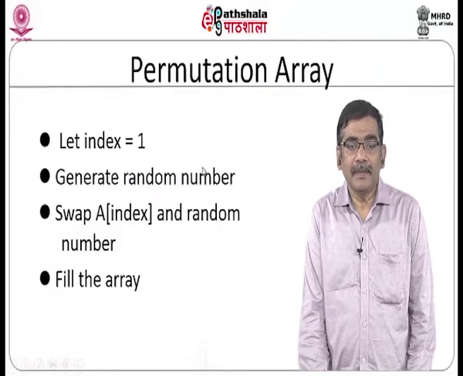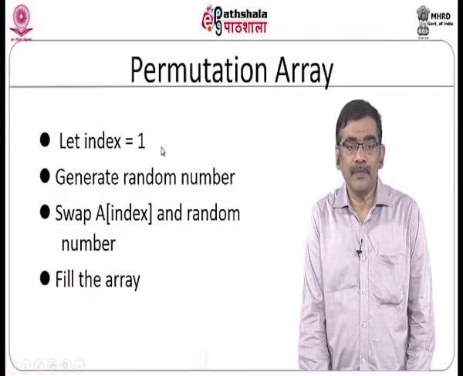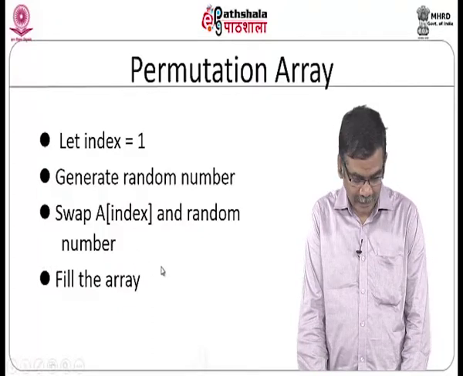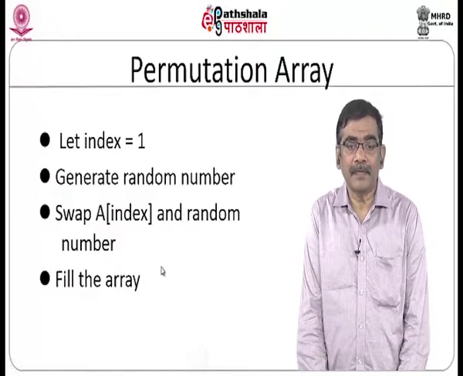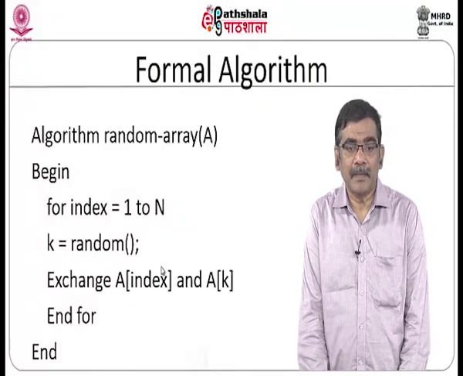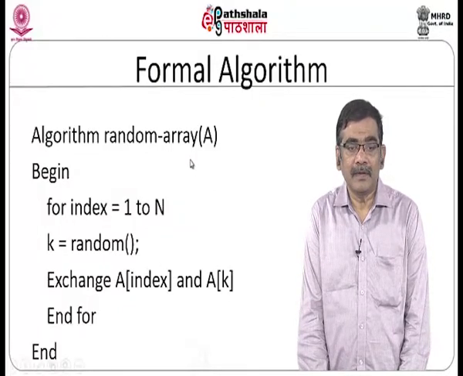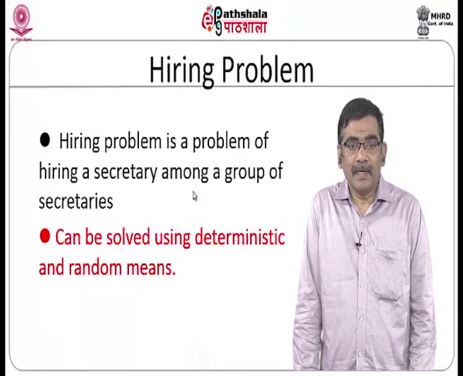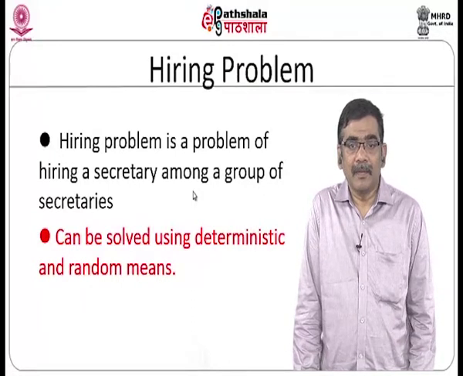Once you generate the number, you generate the permutation array also. Initially index is equal to 1, you generate a random number, then you swap A[index] with the random number, and thus you generate the array called the permutation array. This is the formal algorithm for generation. Fine. Once you have the random array, then you can solve the real problem.